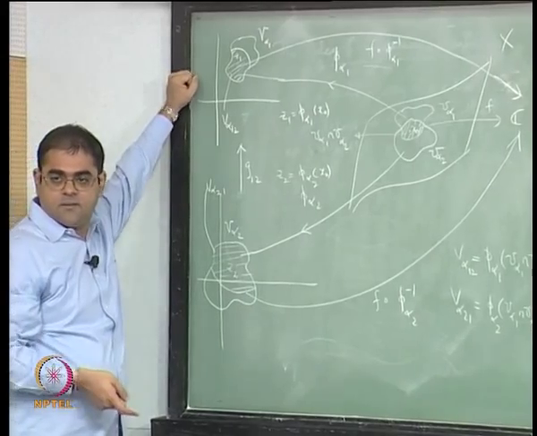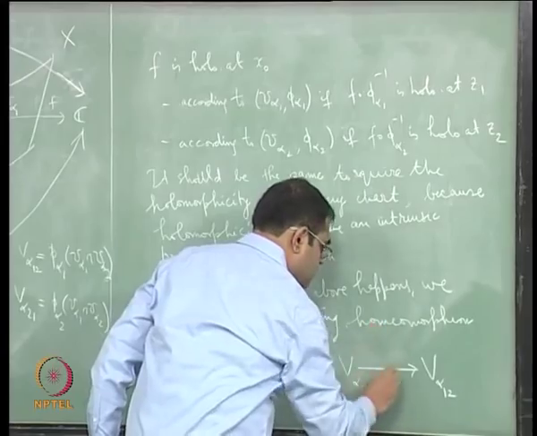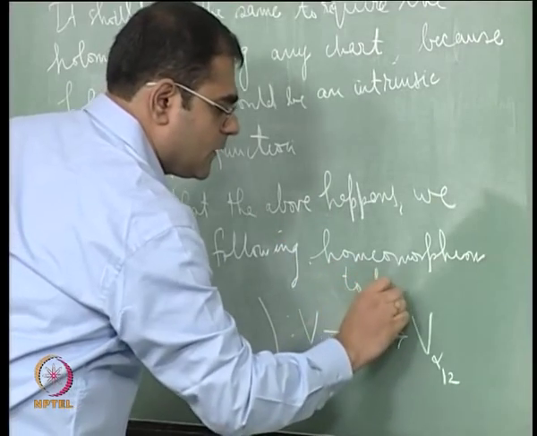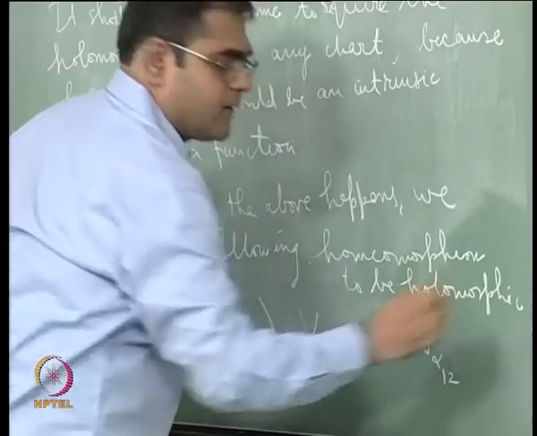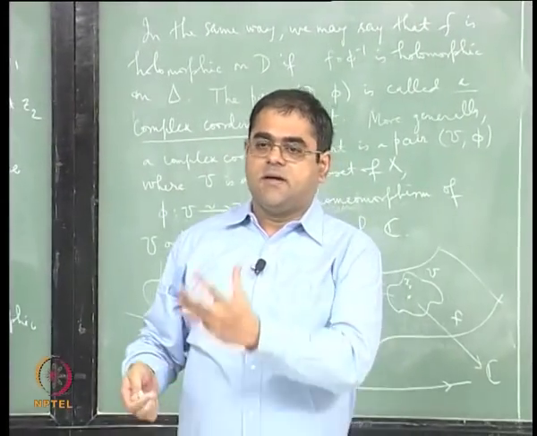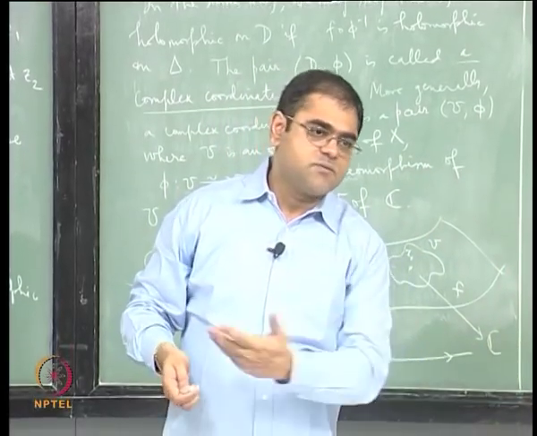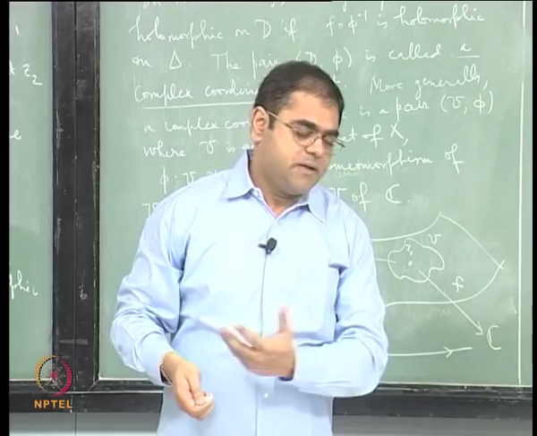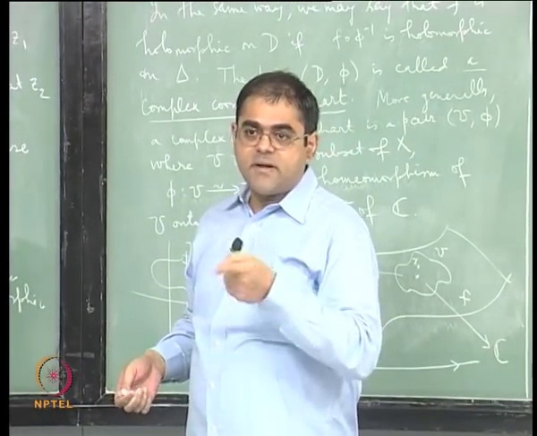So require the following homeomorphism G12 to be holomorphic. After all, it's basically a mapping from an open subset of the complex plane to another open subset of the complex plane. I just want it to be holomorphic, but the point is it's already a homeomorphism, which means it's already injective.